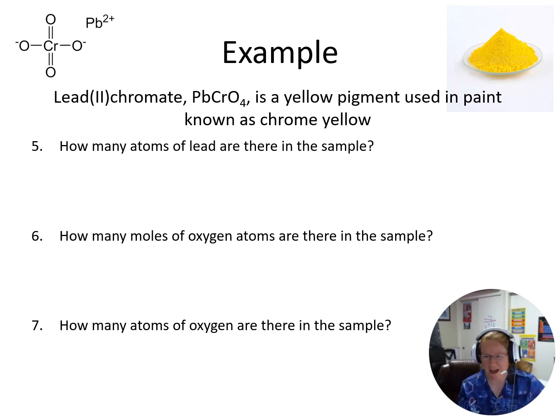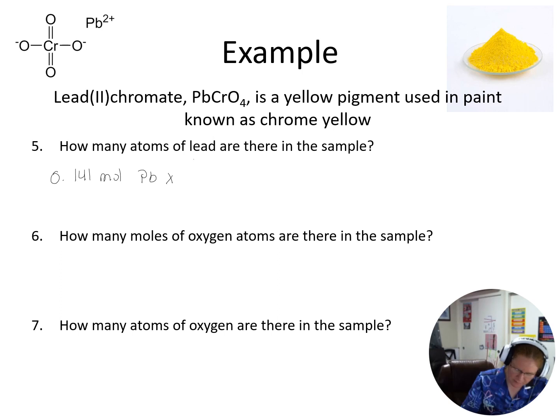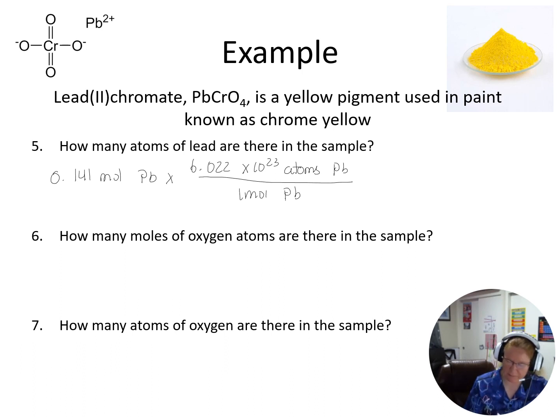Now I want to know how many atoms of lead were in that sample. Well, we just calculated the moles of lead, right? So can I go from moles of lead to atoms of lead? Yeah, with Avogadro's number. So I take my 0.141 moles of lead times 6.022 times 10 to the 23rd atoms of lead in 1 mole of lead.